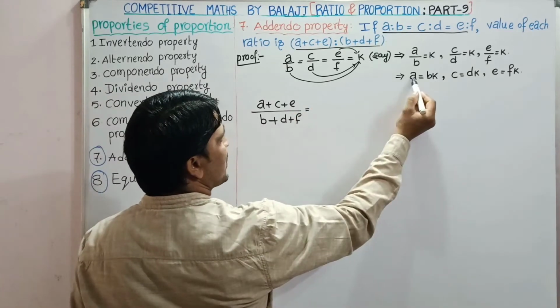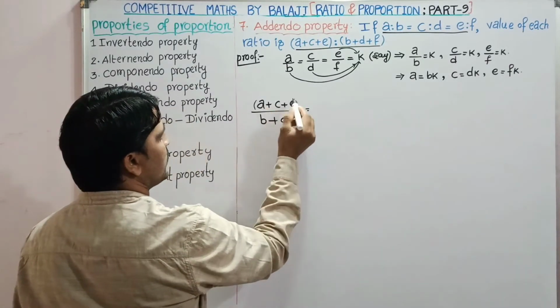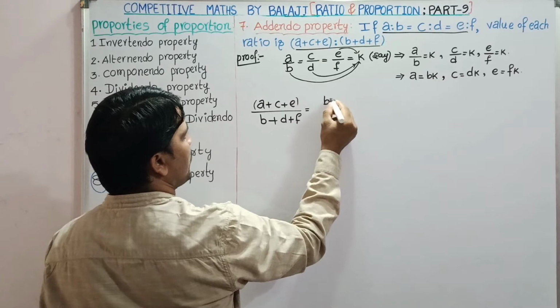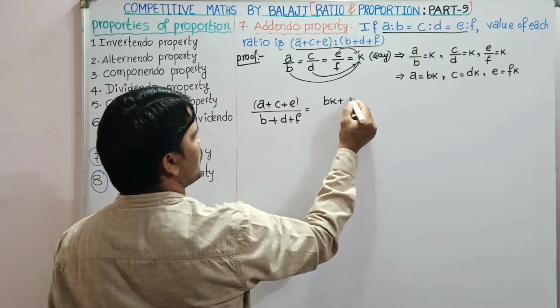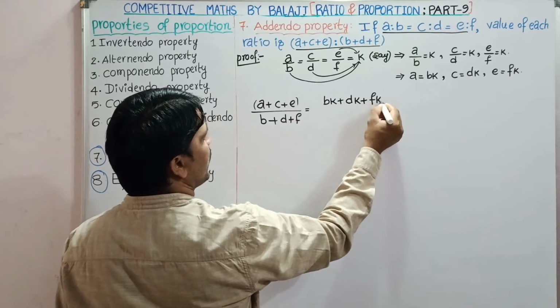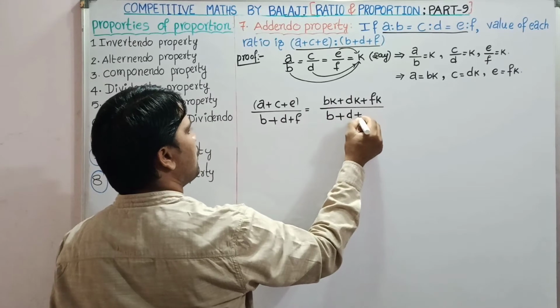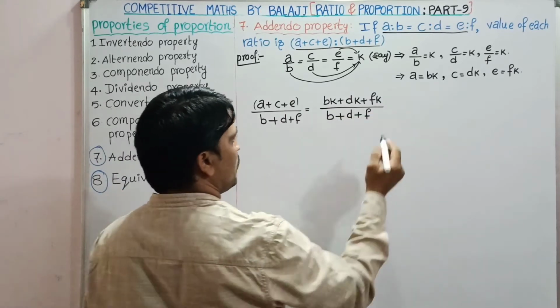Now replace A by BK, C by DK, E by FK in the numerator. Write the denominator as it is, B plus D plus F.